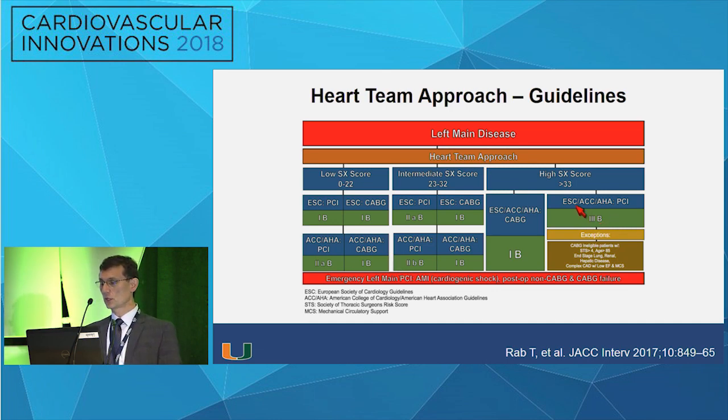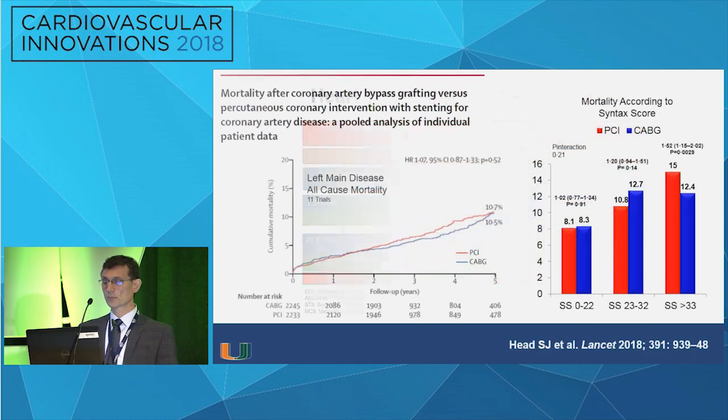For high SYNTAX score, PCI has a 3B indication, so it's not recommended, except for patients who have a very high risk, like an STS of more than 4, age more than 85, and severe comorbidities.